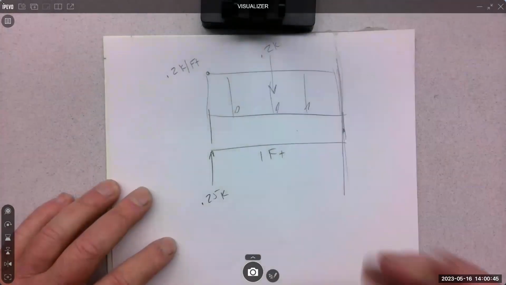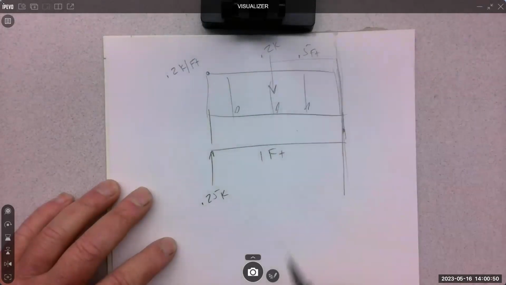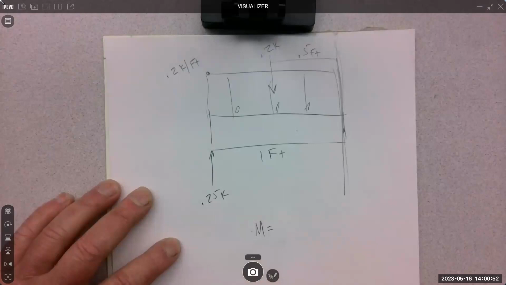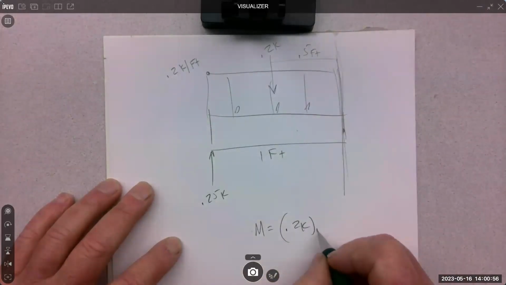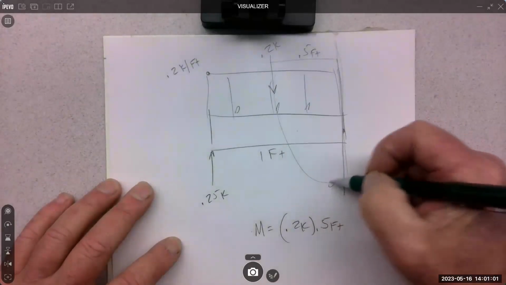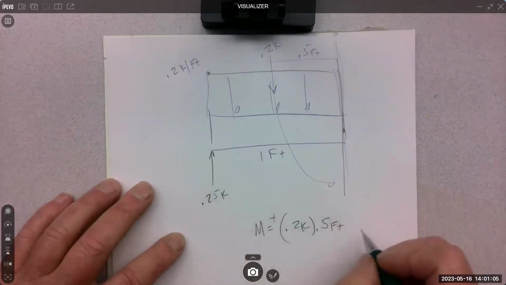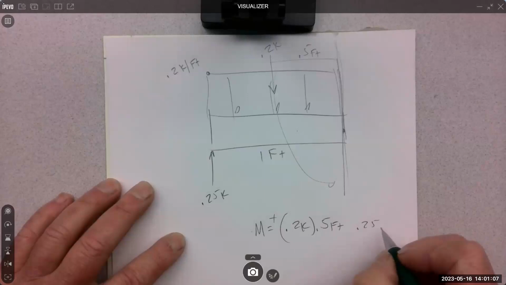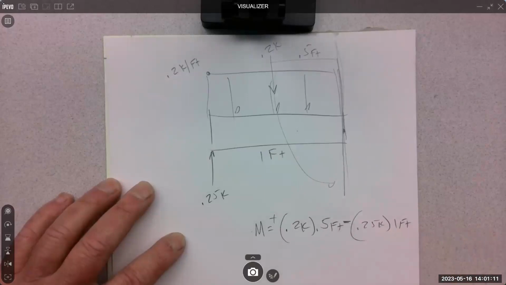And it's times a half a foot. So the moment is going to be 0.2 K times my half a foot. And that one is positive. And then this one is 0.25 K times 1 foot, and it's negative. So we ended up with a negative point.